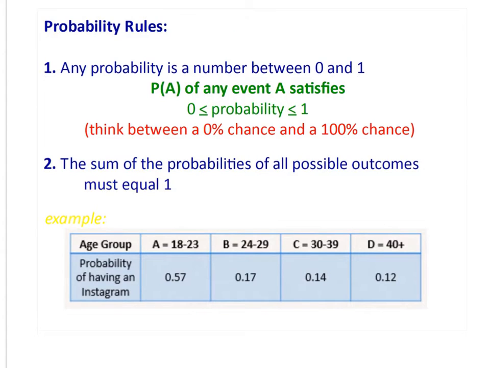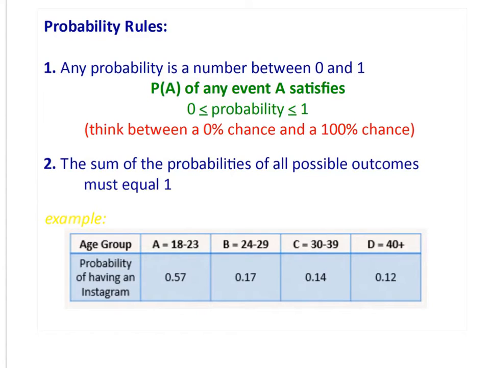So we use these events and we use our sample space in accordance with some probability rules. So the first rule is a probability is a number between 0 and 1. So all of my probabilities have to be less than or equal to 1 and greater than or equal to 0. So think it has to be between 0% and 100% chance of happening.